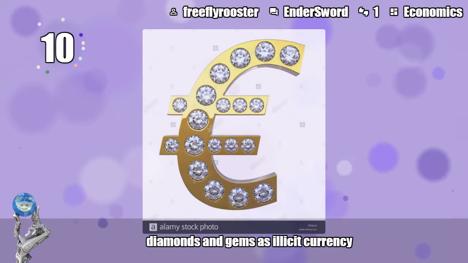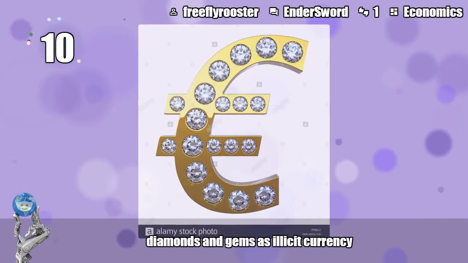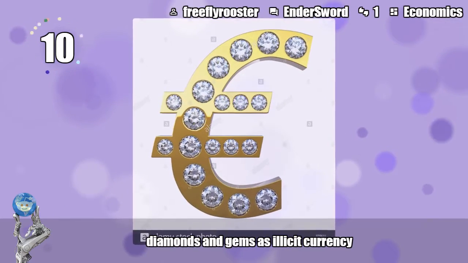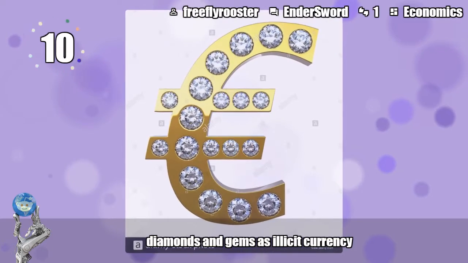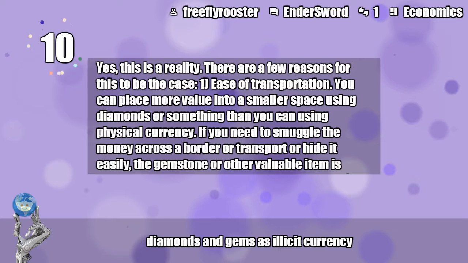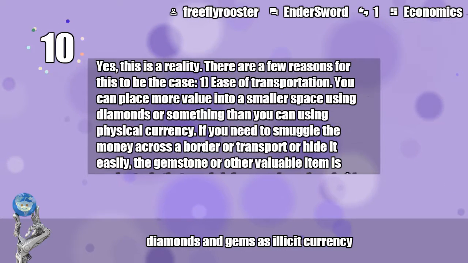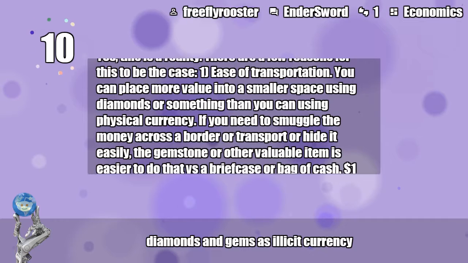At number 10, in the category Economics, the user FreeFleaRooster asked, "Diamonds and gems as illicit currency?" Ender's Word answered the following: "Yes, this is a reality. There are a few reasons for this to be the case. 1. Ease of transportation. You can place more value into a smaller space using diamonds or something than you can using physical currency.